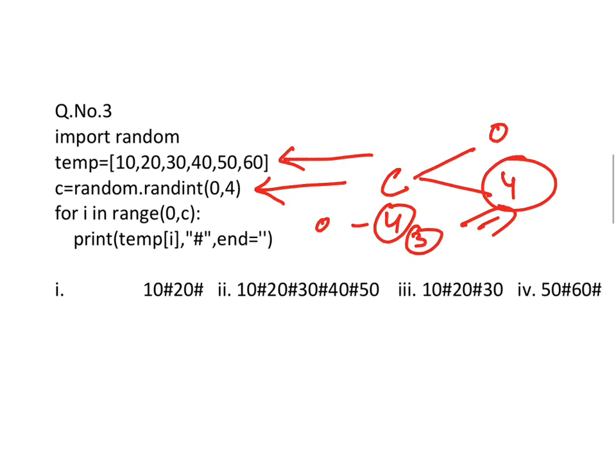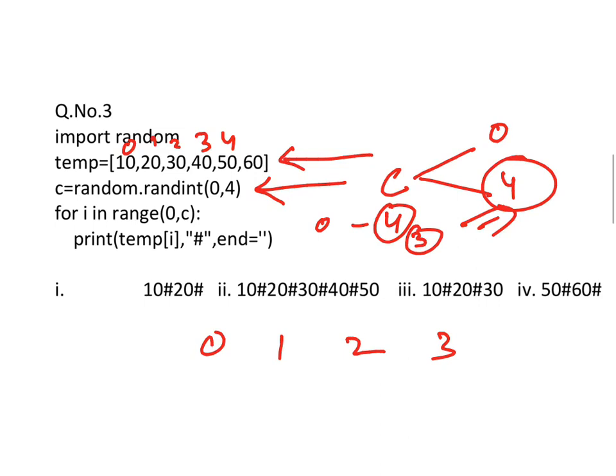So the C is 4. So it will be executed up to 3. So 3 means for 0, 1, 2 and 3. Now you have to find the values at 0, 1, 2, 3, 4. It means out of these values only your answer will be there.